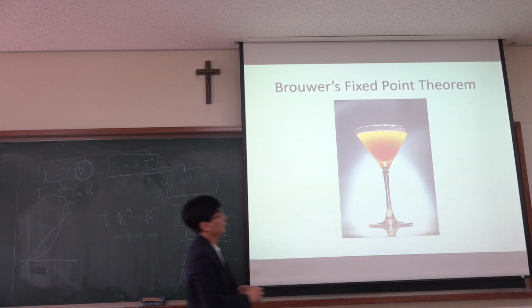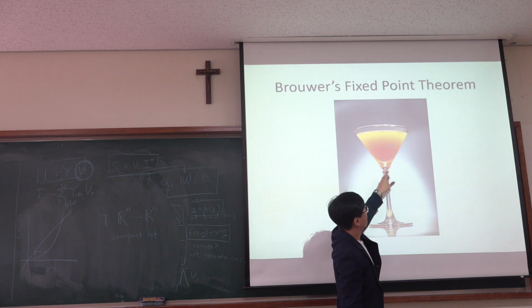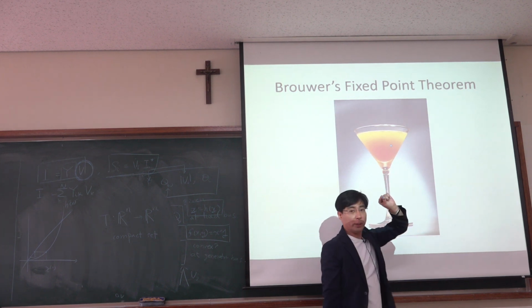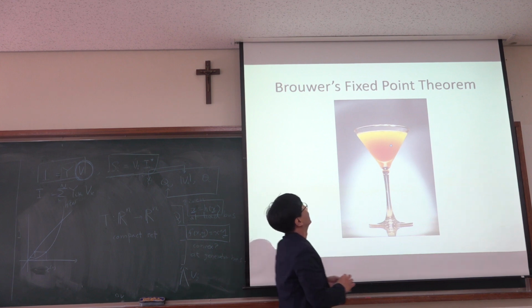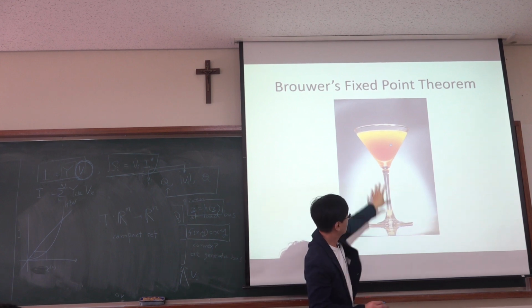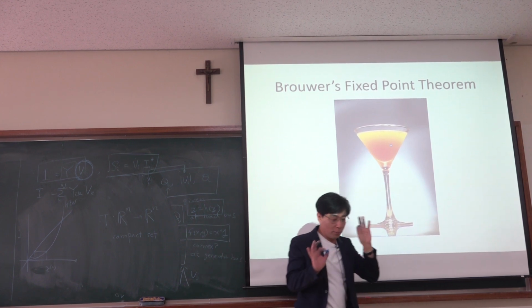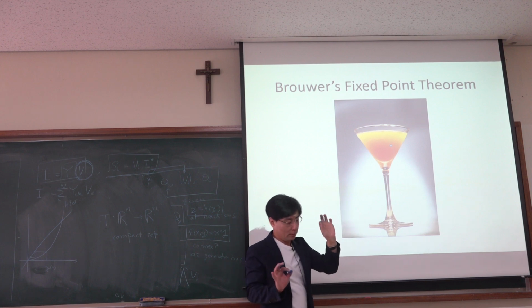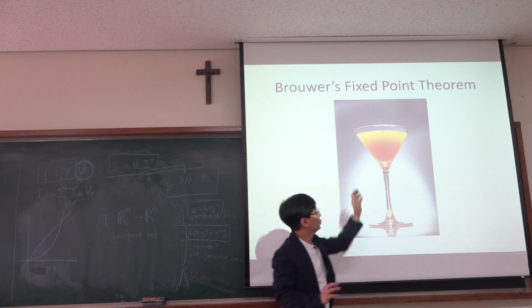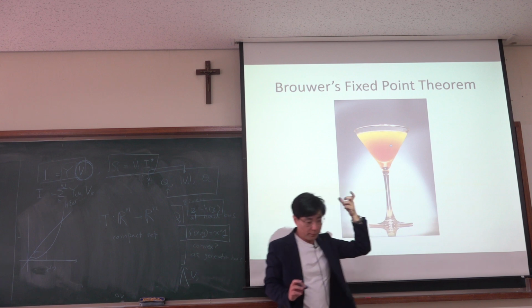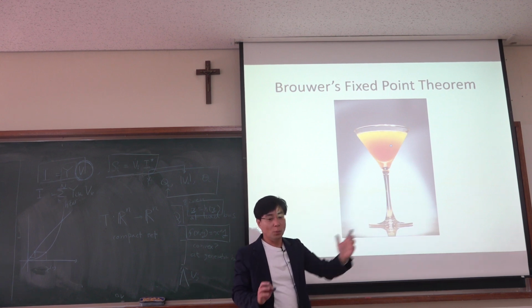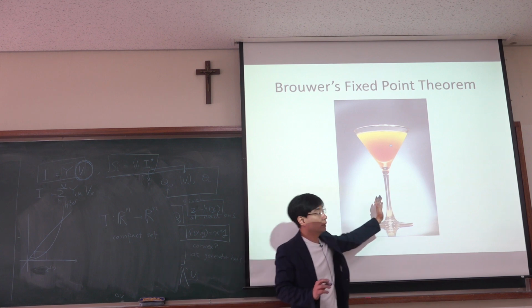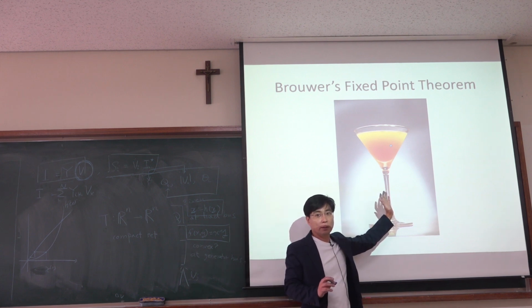And the analogy is something like this. Suppose that each molecule is just a point, and this is a nice cocktail. In a steady state, every molecule, the point molecule, is at some position, and you just pick up this cocktail and shake it, and put it down, and wait until it becomes steady state.